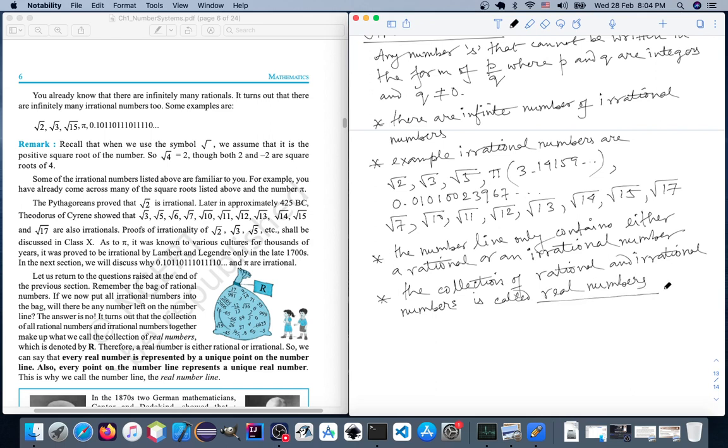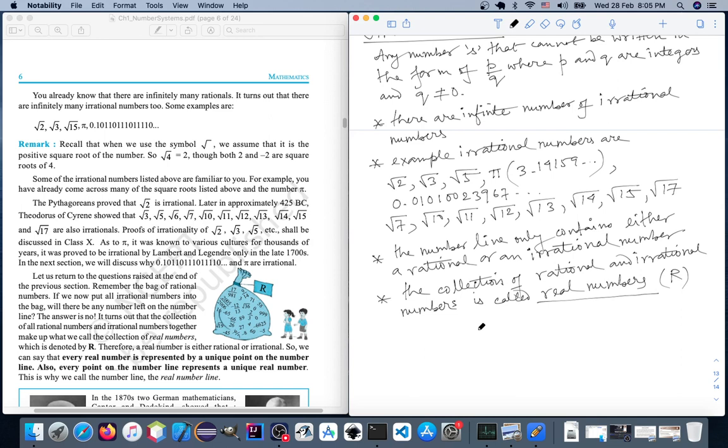So, what are real numbers? Real numbers, which is denoted by the letter R. So, R denotes the collection of all real numbers. And what is a real number? A real number is either a rational number or an irrational number.